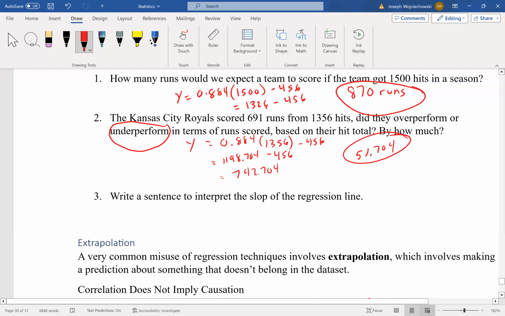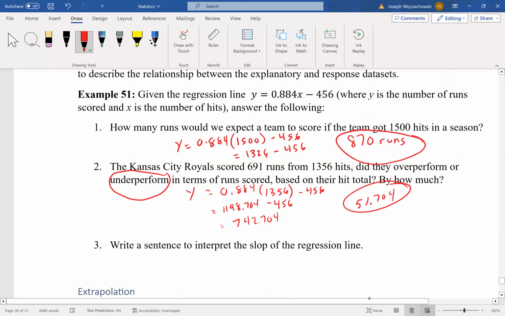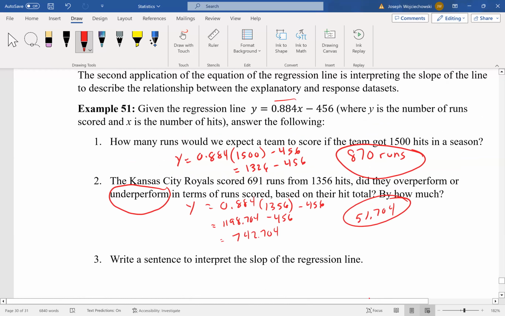So, what does the slope mean in this regression line? Well, looking at the regression line, if you remember, the slope is this right here. So what does this do? For every hit gained, the number of runs increases by 0.884.